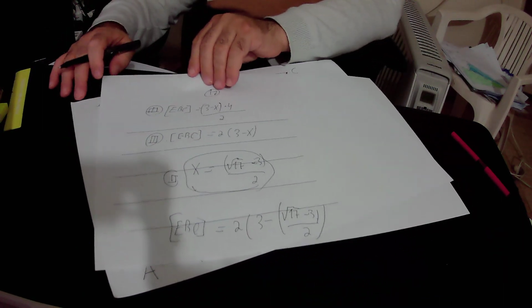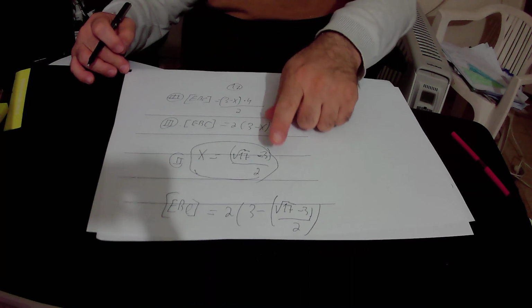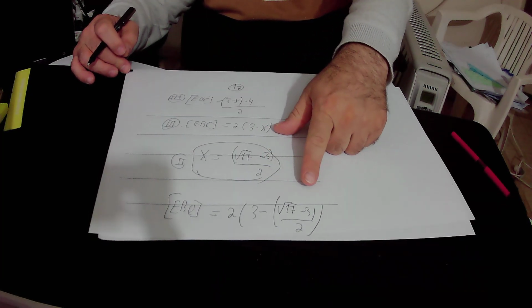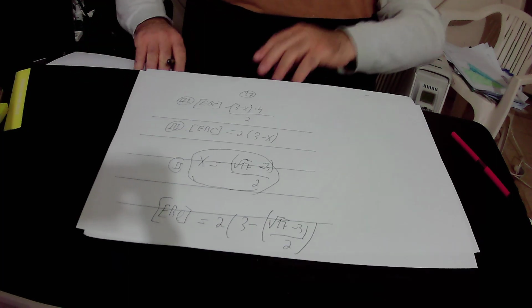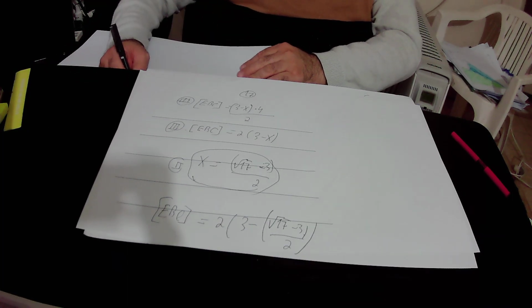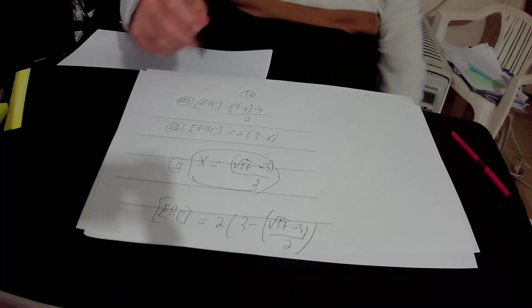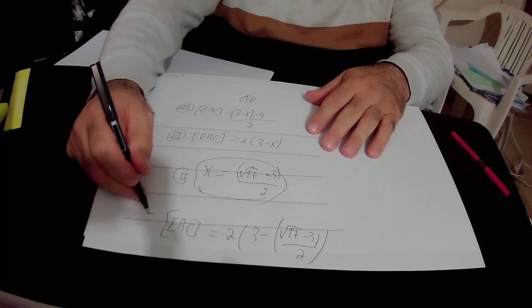So here we will multiply 3 by 2 and then divide it by 2 in order to have a common factor with this expression, and we will get that this is actually equation number 3.